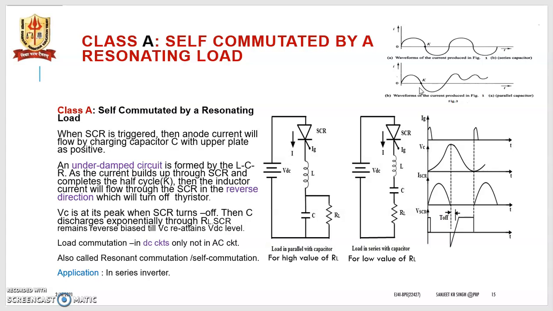Then the inductor current will flow through the SCR, and this current is in reverse direction, which will turn off the thyristor. So VC, the voltage across the capacitor, is at its peak when the SCR is turned off. At this moment the SCR is turned off.